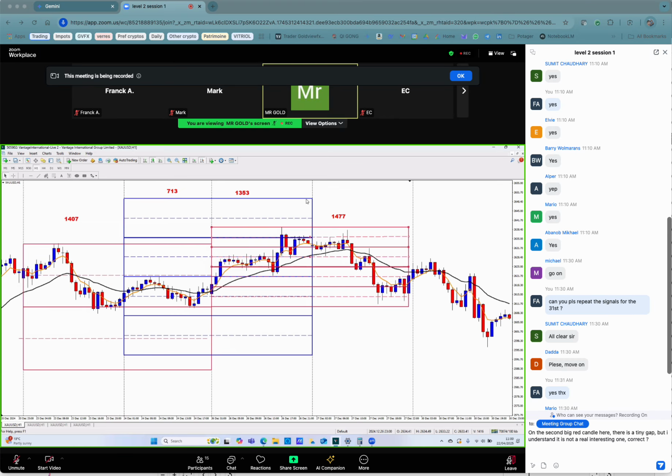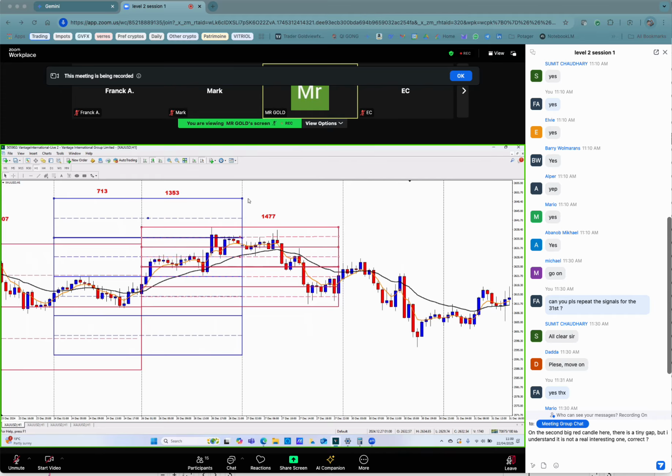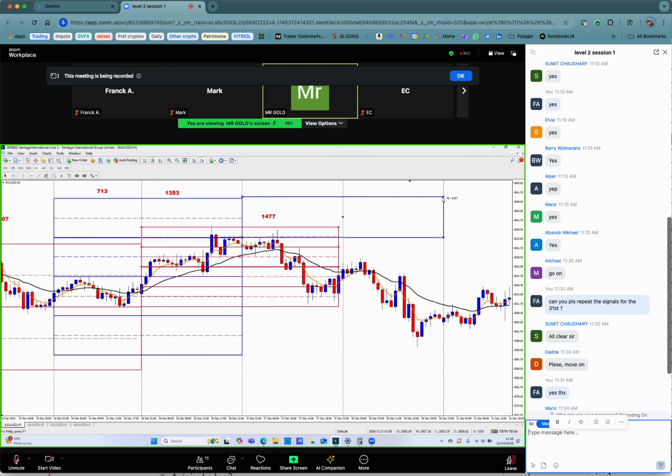So let me get myself a blue box. Move it across. Let's start with the first candle here. High is 2634.65.